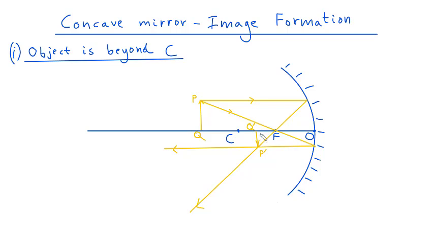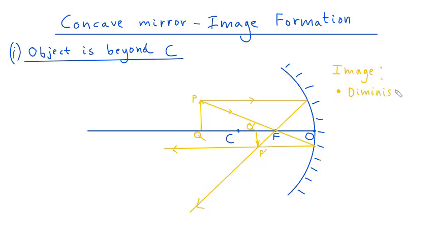So a couple of things to note about this image. The image has the following properties that you should know. Notice that it's smaller in size compared to our object. So we say that the image has been diminished.